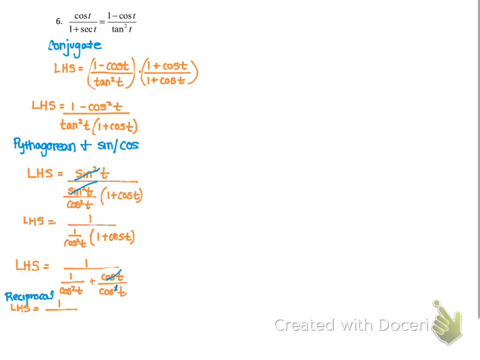And 1 over cosine squared is secant squared. And then you have plus 1 over cosine, which is secant. And from there, what I'm going to do is, I'm going to have to go over here now because I'm running out of room, factor out a secant.